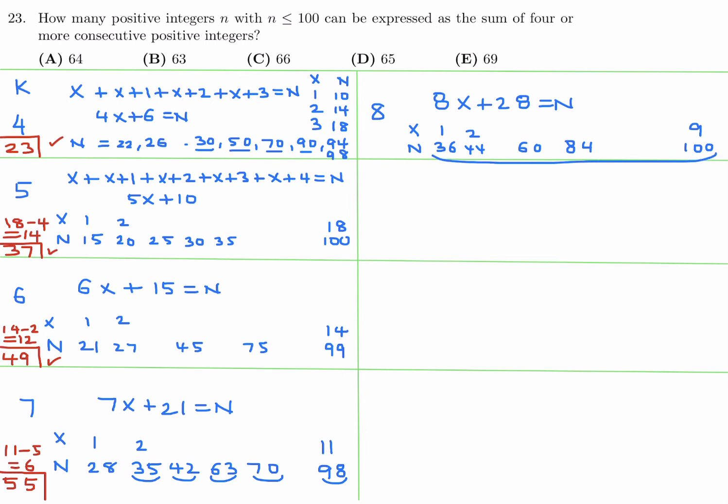So there's 9 numbers. But again, as before, we have to figure out how many of these we actually included before. The 100 has already been included in this list, as you can clearly see there. 60 is also going to be included already in this list, since it's a multiple of 5.